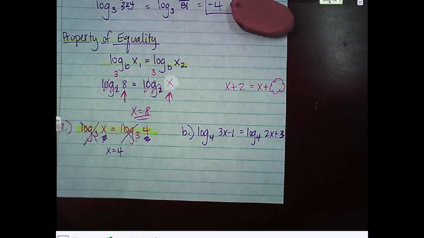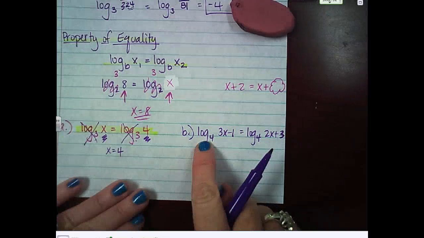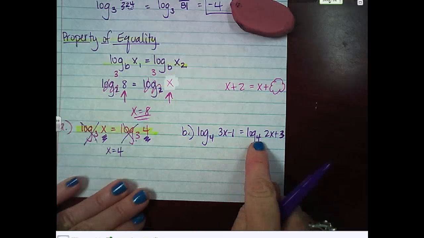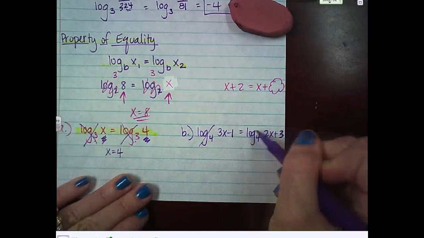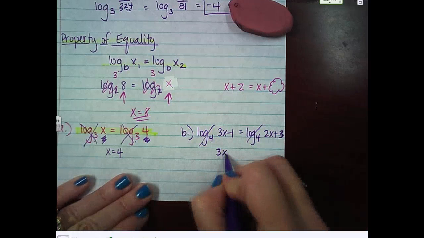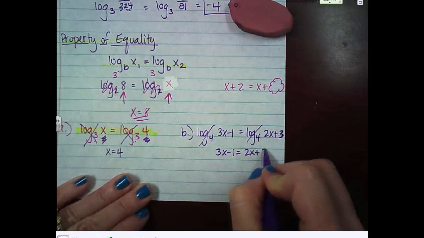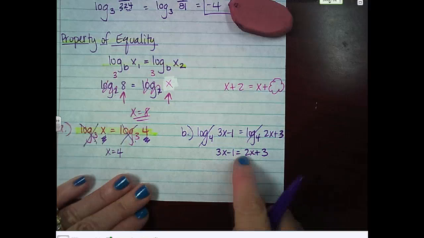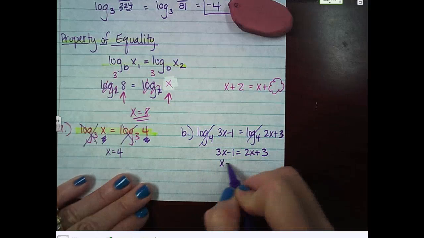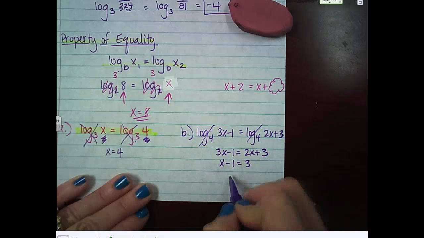The rule says that if this is log base 4 and this is log base 4, and I tell you that they're equal to each other, then it means these cancel, right? And it means that 3x minus 1 equals 2x plus 3. So let's solve for x. Move the 2x over, so it gives you x minus 1 equals 3. Move the 1 over, so x is 4.